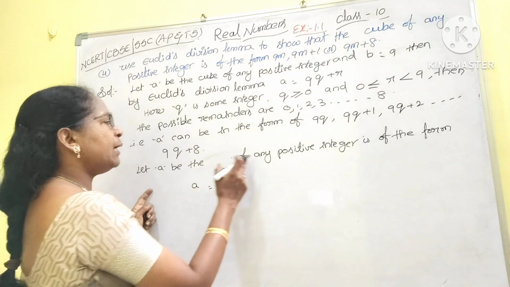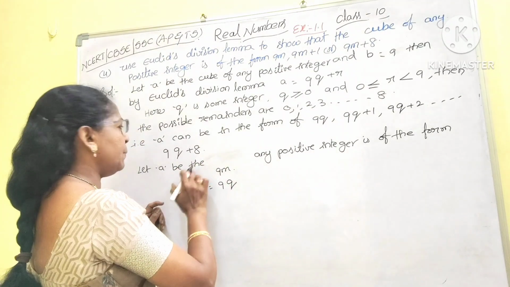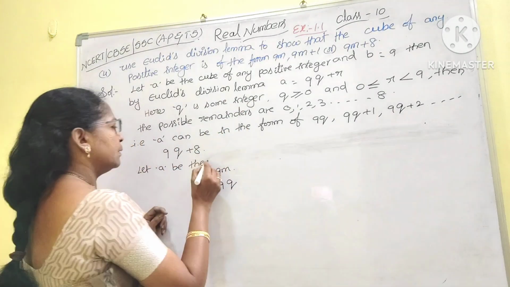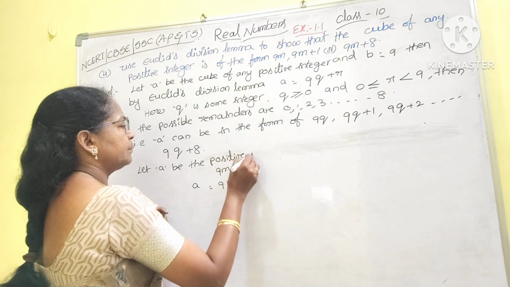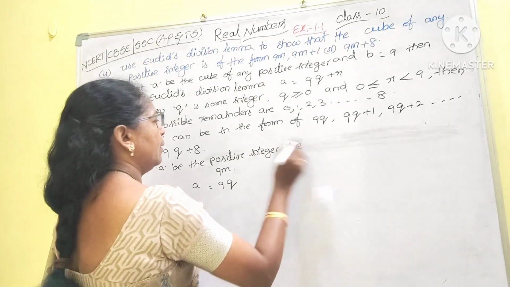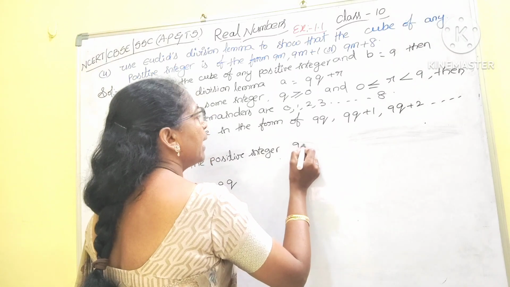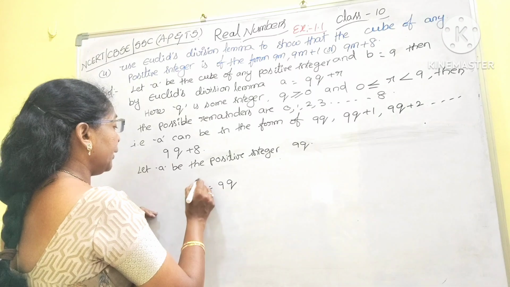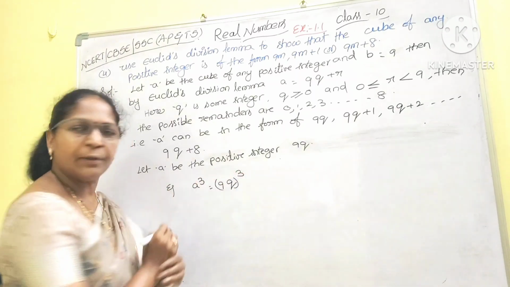Let A be the positive integer 9Q, then A cube equal to 9Q whole cube.